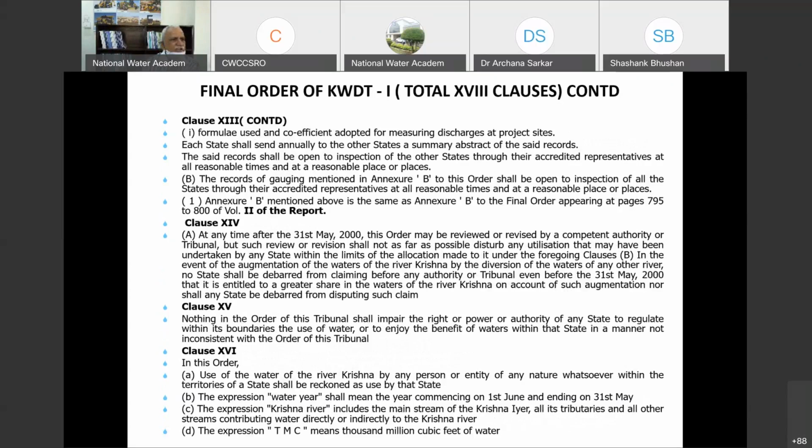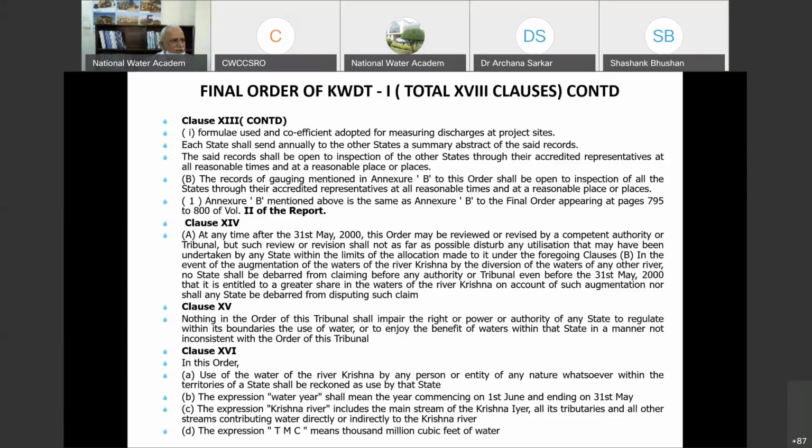Then another important provision is to send to the other states a summary abstract of the records, and the records are open for inspection by either party. Then clause 40, that the decision of the tribunal can be reviewed after 31st May 2000.